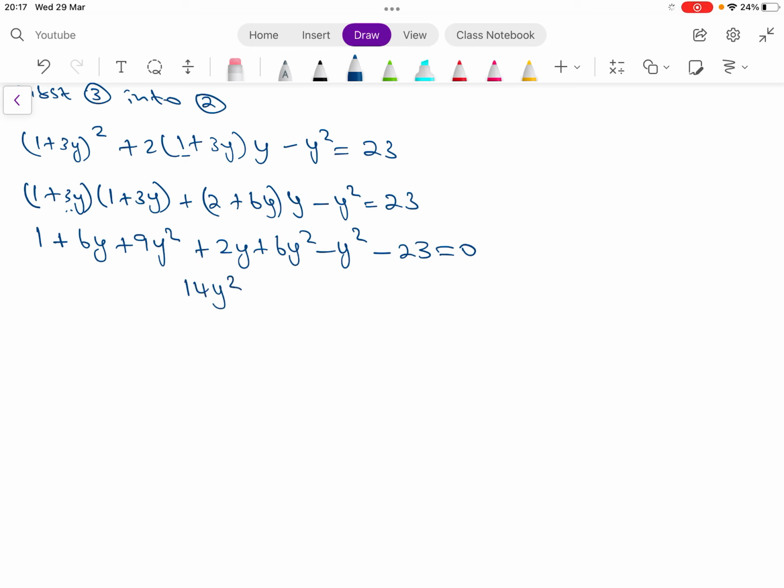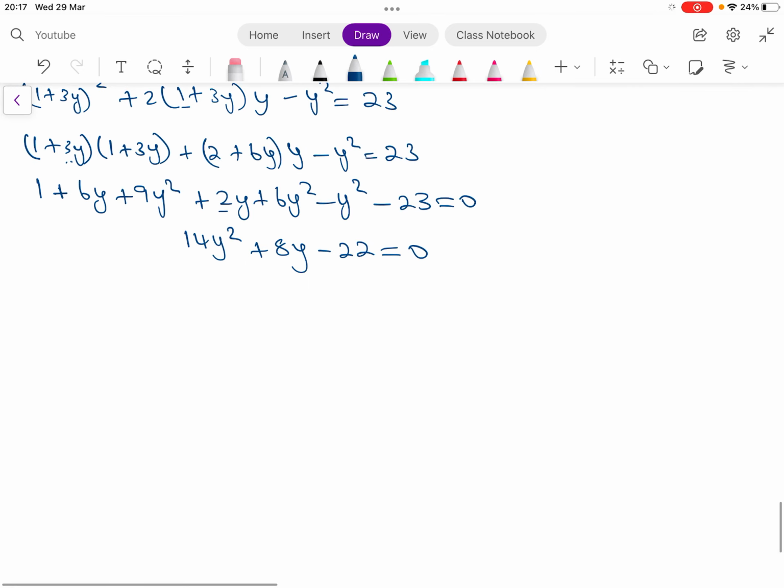Then 6y plus 2y is 8y. And then 1 minus 23 is negative 22. Now we have our quadratic equation, and we need to solve that.